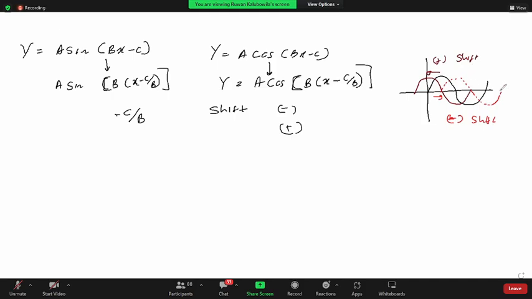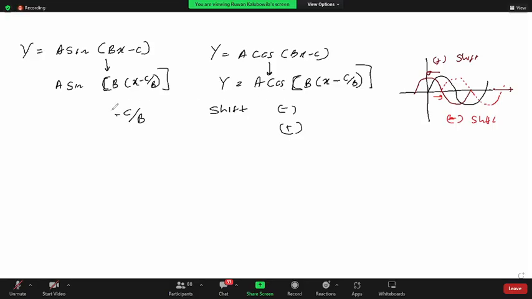Why? We are dealing with the current function. So if you see an earlier version of the same function, that means you are in the positive shift, the earlier situation. But if you are seeing the same thing a little bit delayed, you are in the negative shift. So you have to understand the positive shift.